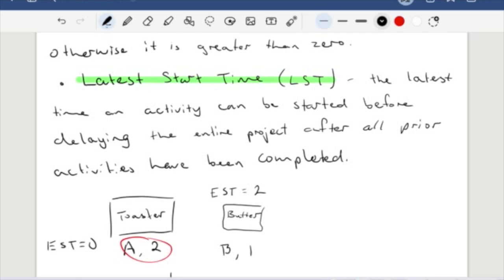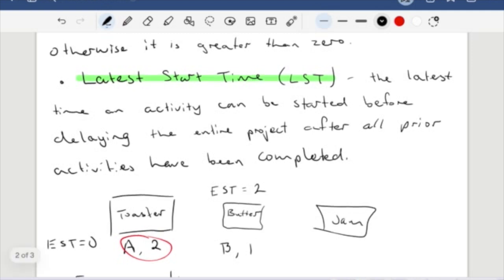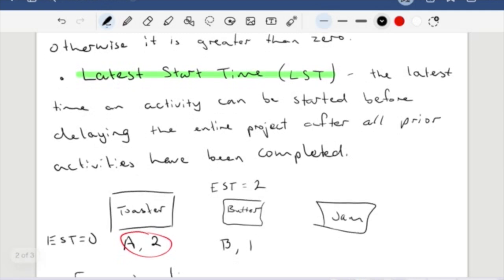And after that, we are going to put some jam on our bread. As this goes along, toaster, butter, jam, the earliest start time for us putting jam on our bread is 3 minutes, because we have to have completed each of the previous tasks.